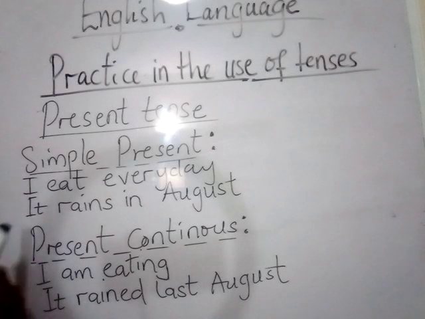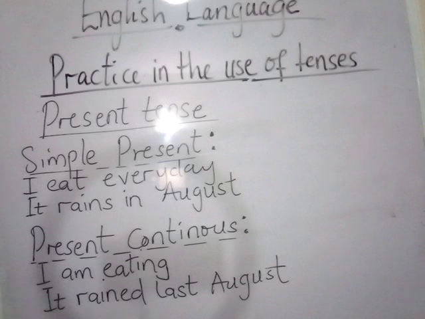And then the next example here says, it rains in August. That means in the month of August, it rains. In August 2020, it rained. August 2021, it rained. August 2022, it rained. August 2023, it rained. August 2024, it will rain. August 2025, it will rain. It's like a routine, a pattern, something that happens and continues to happen.